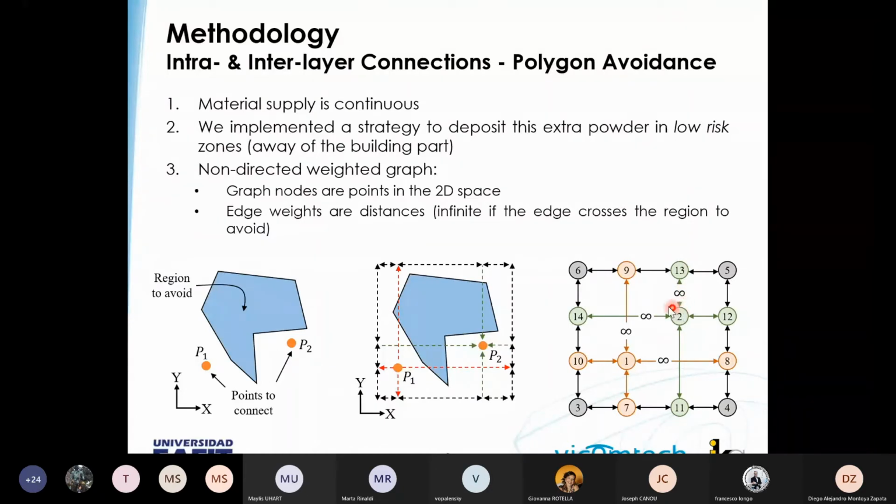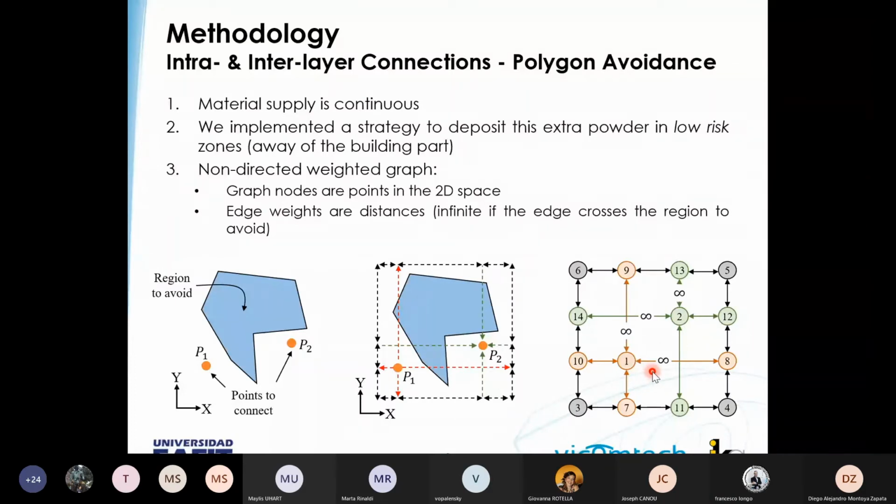Once we have the nodes and the edges of the graph, there's one more thing that we added: the edges have a weight. That weight is basically the distance between the points in the geometric configuration, except for those edges that cross the region we wanted to avoid.